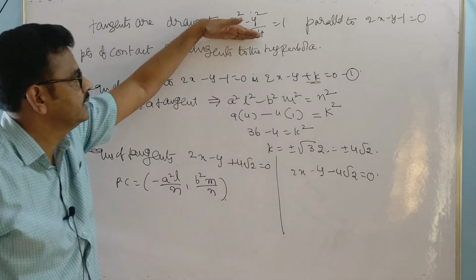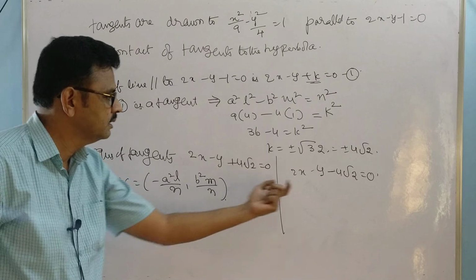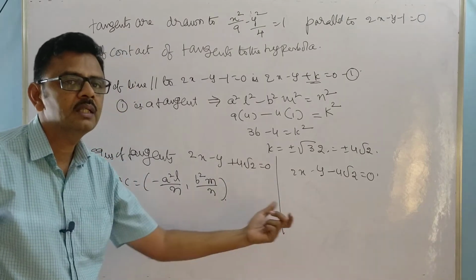Actually the question given in IIT has multiple options. That means this is one point of contact, and this is also one point of contact. So both are correct options.